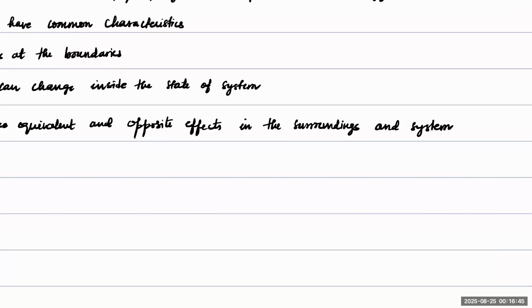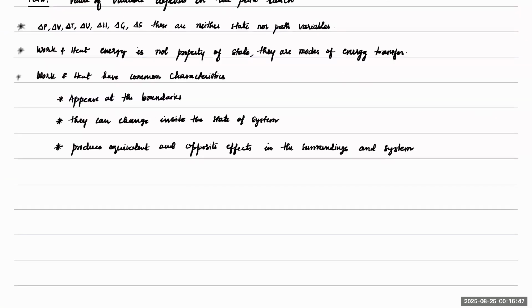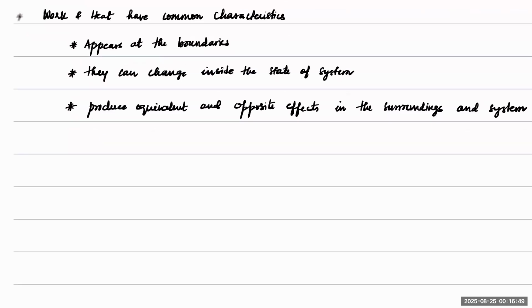Do you remember I told you something about the convention that we use in chemistry, right? What is the convention that we use? The convention is simple. In chemistry, you are a part of the system. So anything that is coming into the system is always positive. Anything which is going out of the system is always negative.